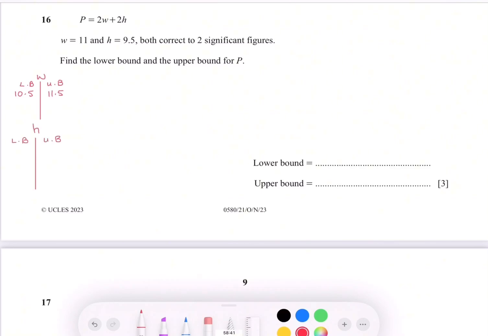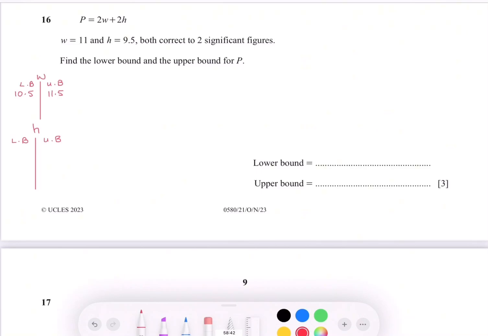For H, you have a decimal value, so after the decimal you just have one digit, which is 5. So you assume there is a 0 with it and make it 50 in your mind. It is very easy to subtract 5 from 50, and very easy to add 5 to 50.